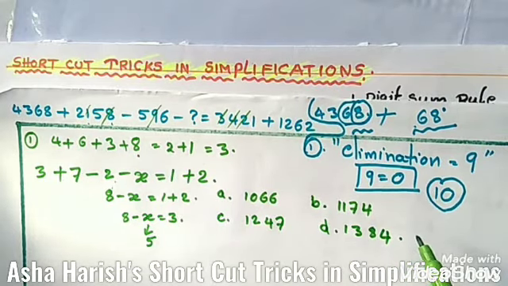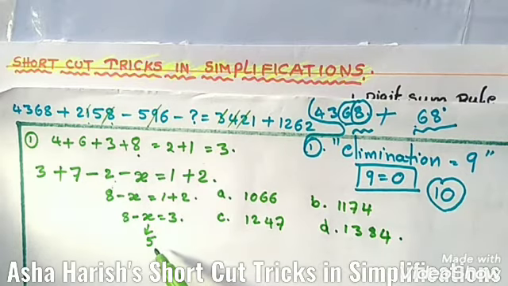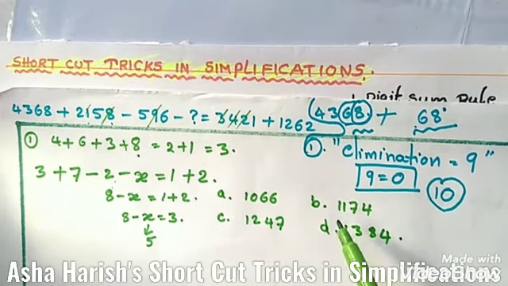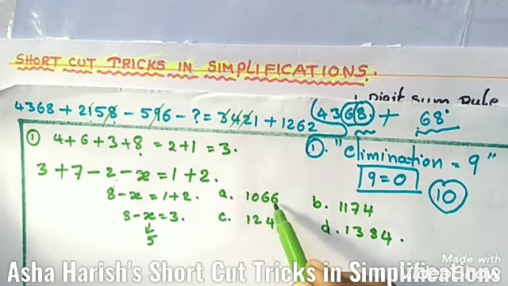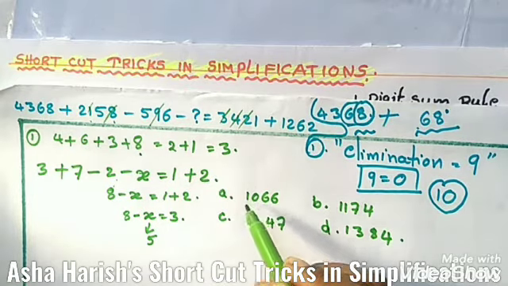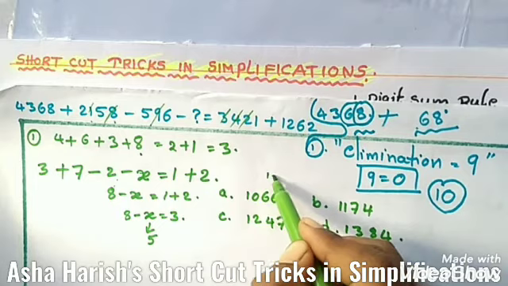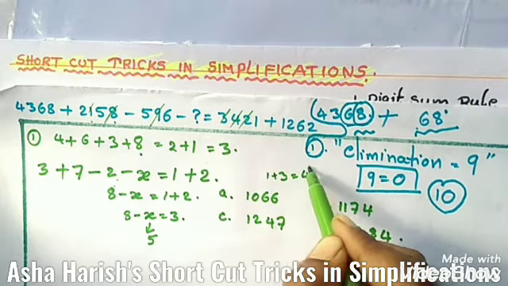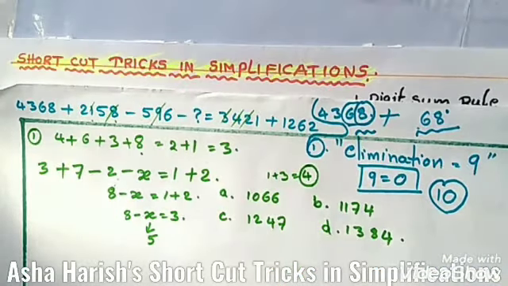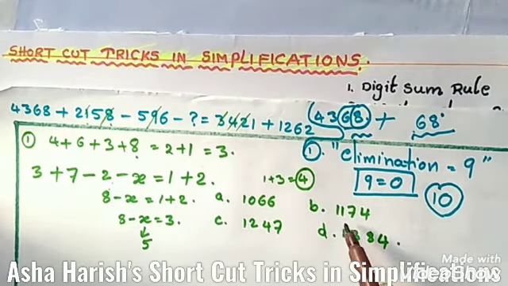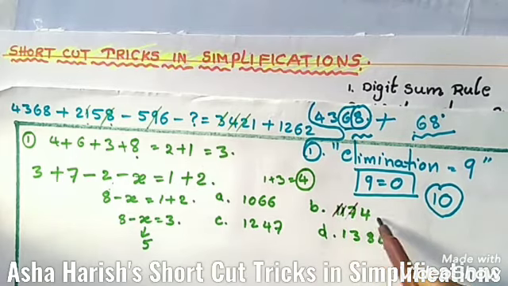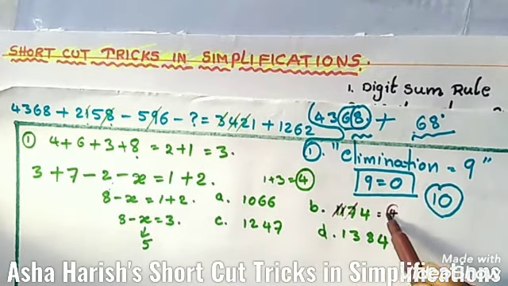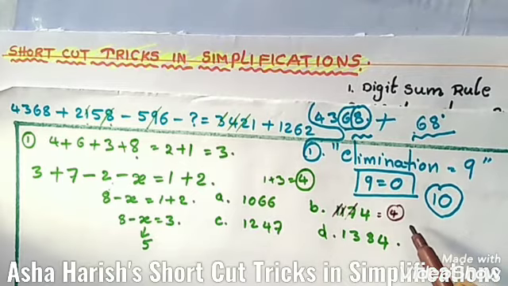Let us see now. In the place of x, if you take 5, that will be the answer. Applying the digit sum rule to these options: for option A, 6 plus 6 is 12, 12 plus 1 is 13, 1 plus 3 is 4. For option B, 1 plus 1 is 2, 2 plus 7 is 9, so 9 is eliminated, and we got 4.